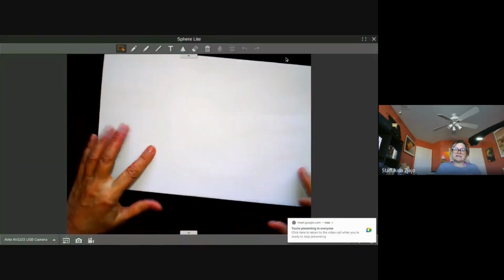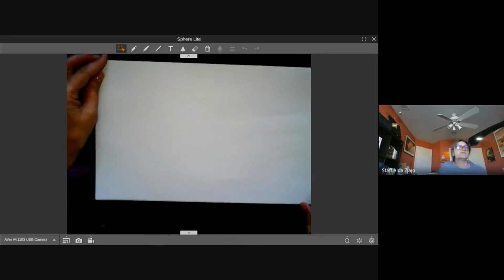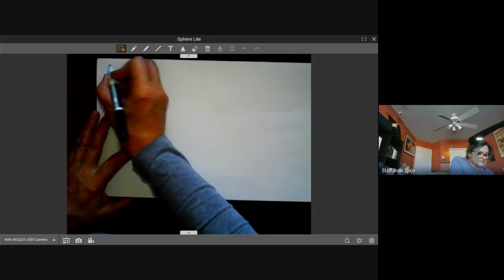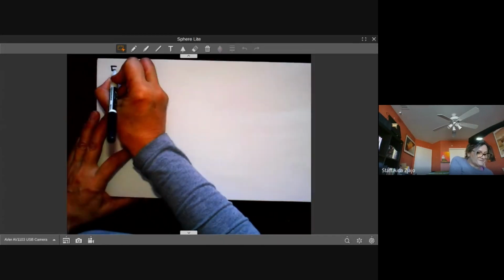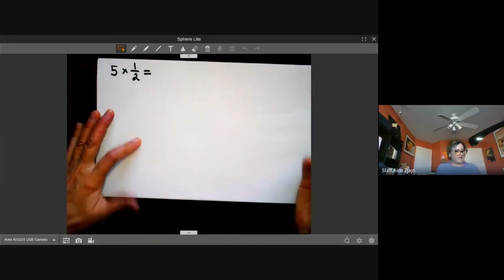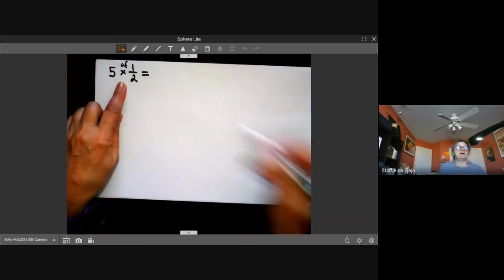We're going to discuss problems of multiplication and division of fractions. If we pretend that we have 5 times 1/2, we can read it as 5 groups of multiplication.